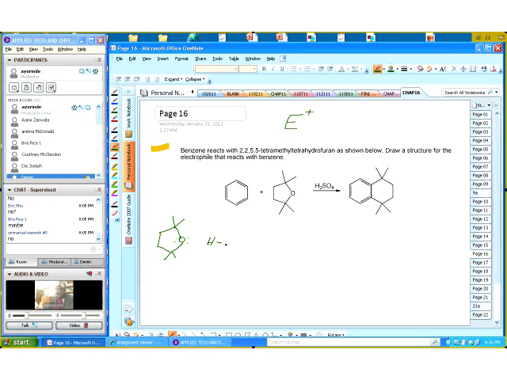Acid contains a proton. So what will happen? This oxygen, of course, will attack the proton, will pull the proton from the sulfuric acid. So that oxygen becomes protonated.